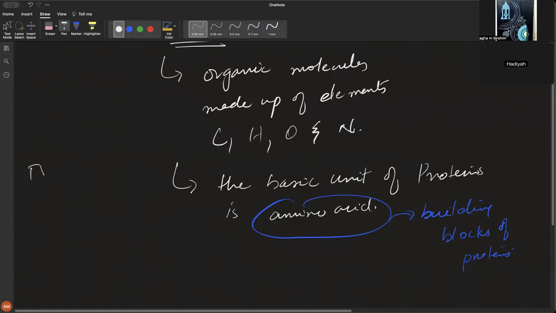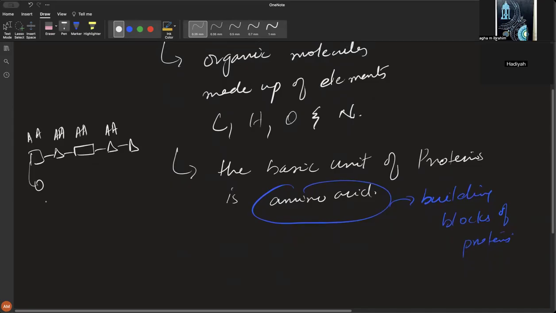Or you can say many different amino acids all join together to form a protein. Do you understand? Amino acid 1, amino acid 2, amino acid 3, different amino acids in different sequences join together to form proteins. Do you understand this point up to now?